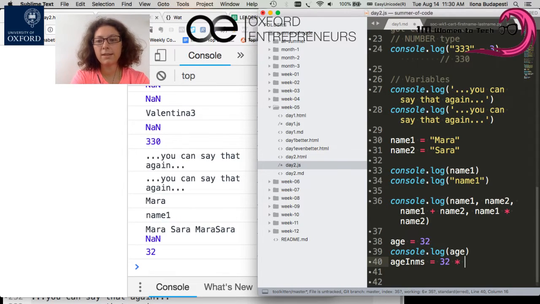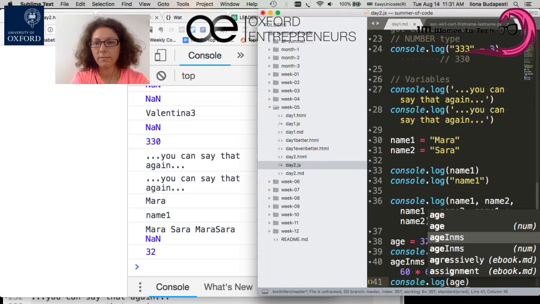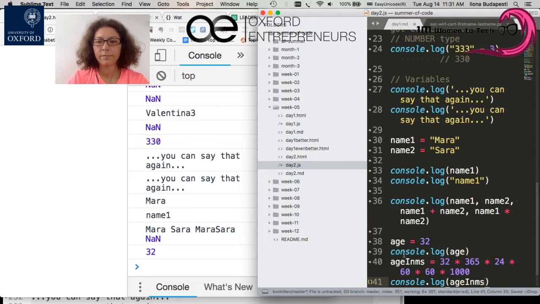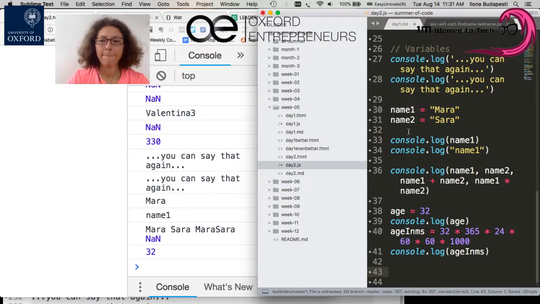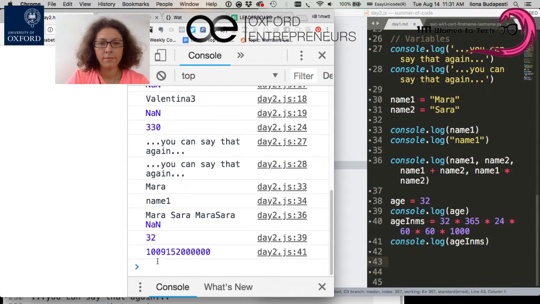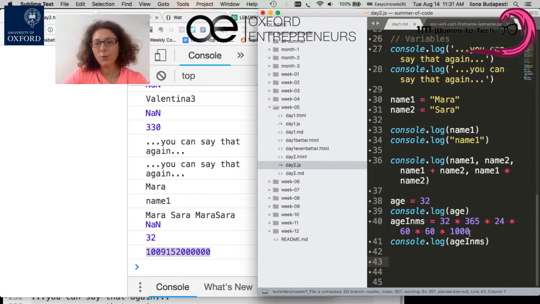Now we can do things like maths: 32 times 365 days per year times 24 hours times 60 minutes, 60 seconds, and 1000 milliseconds. And here we go.